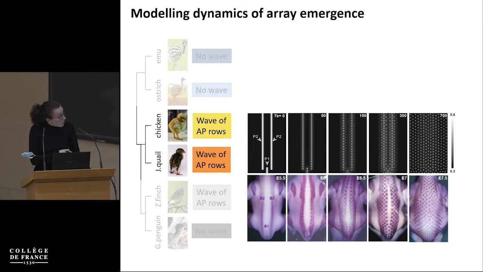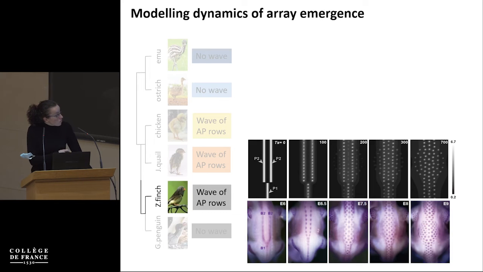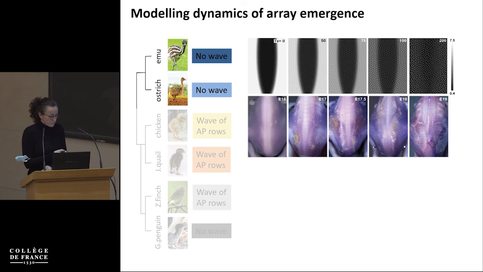When we compare this to the in vivo situation, the timely dynamics and the exact number of dots were exactly reproduced. And what was really fun was to modify these initial conditions such that they would resemble the other species, such as, for example, here the finch, and we would obtain a finch-like wave.